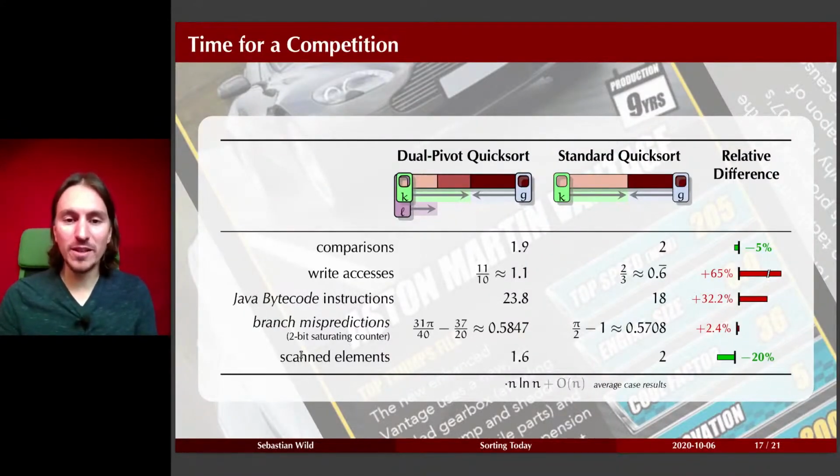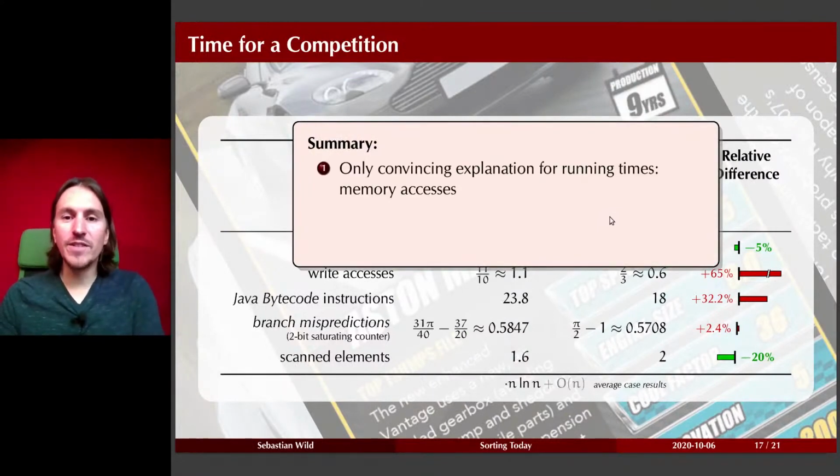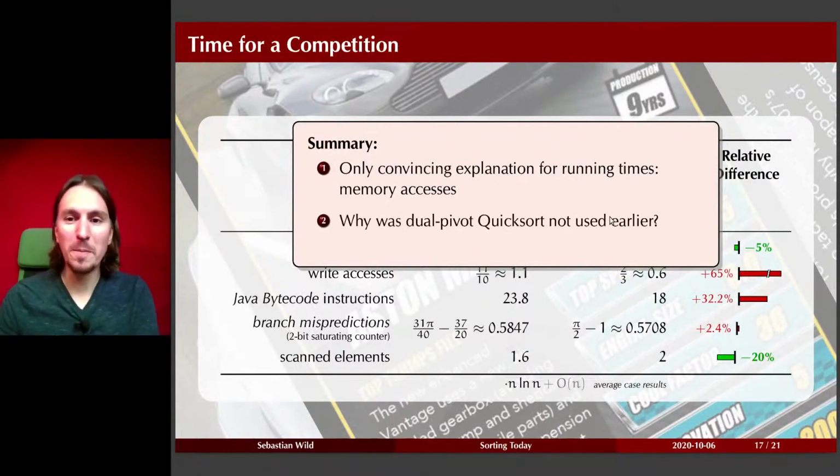Well, and that's the last line in my table. If you take something that's essentially measuring the number of memory accesses that we do, which are not immediately cached, then you see this massive reduction in cost for dual pivot Quicksort compared to the previous one. So there's a single convincing explanation for running times. The number of memory accesses can just be reduced with using 2 pivots.